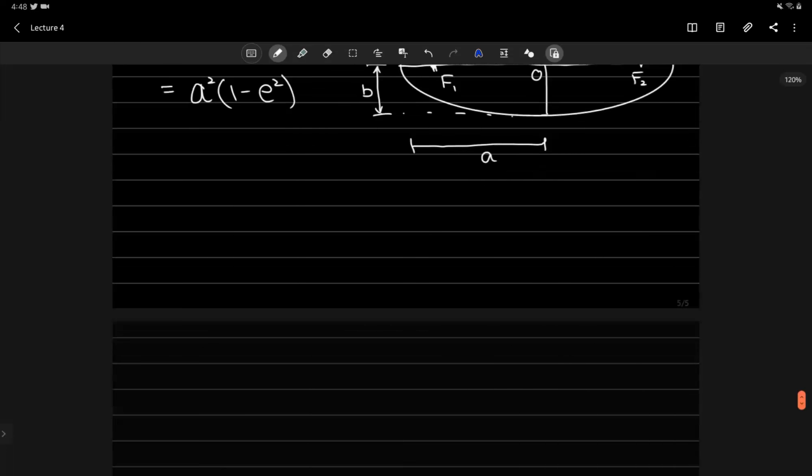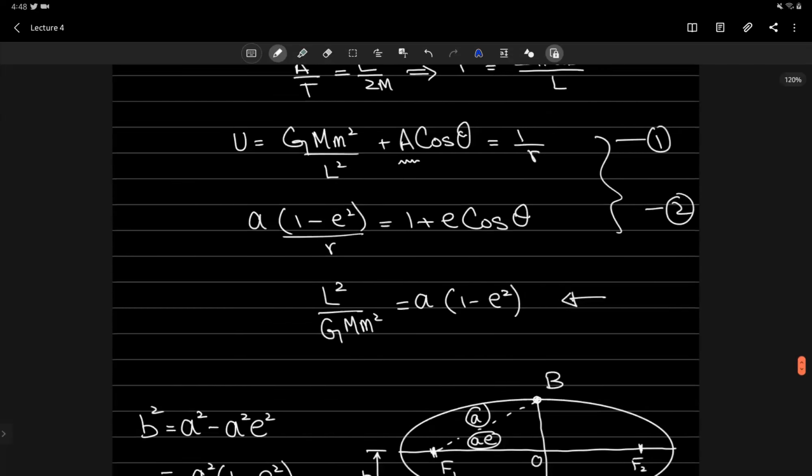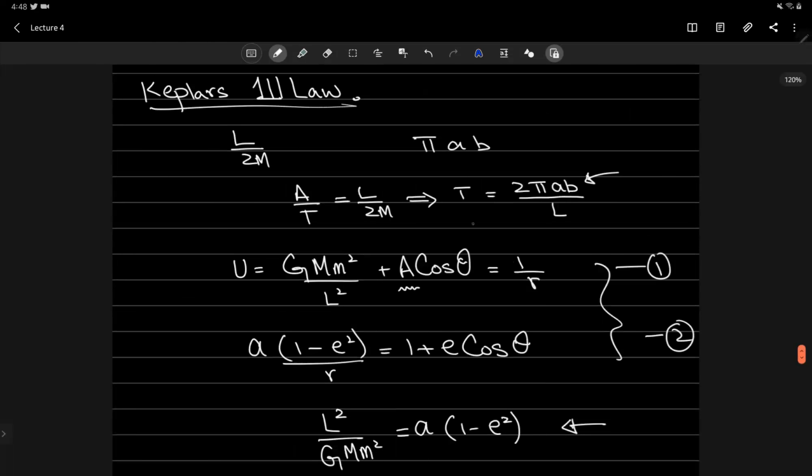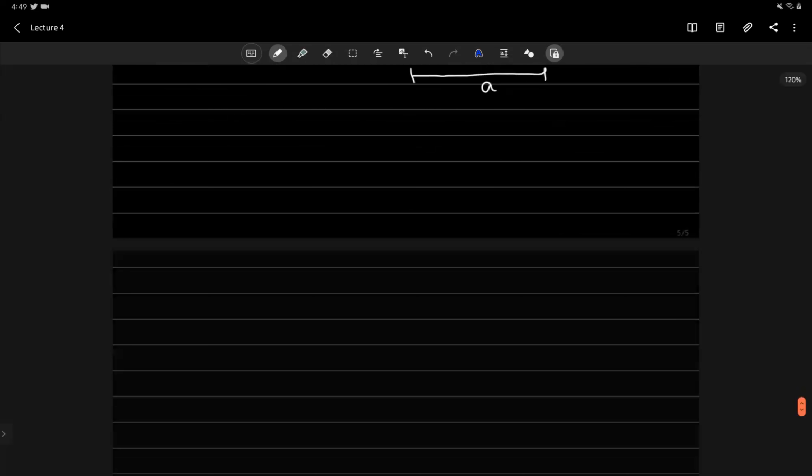So if I go back over here, मेरे पास t की ये वाली equation थी, अब मैंने बस इसके अंदर substitutions करनी है basically. First of all, I will square this equation, ठीक है? So let me write it down. T squared would be equal to 2m pi a times b whole squared over L squared.